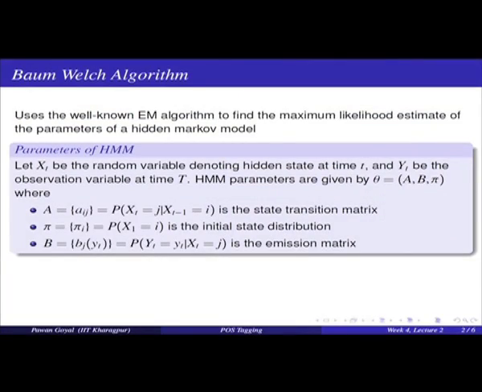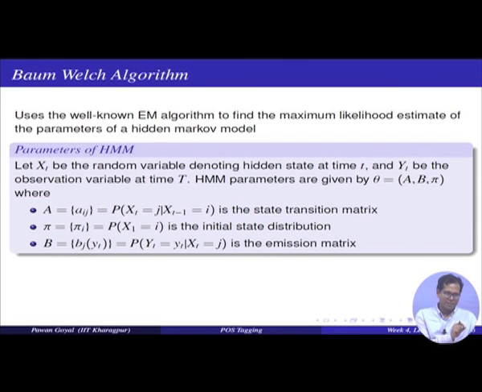The parameters are A, B, and pi that we discussed last time. What is A? A is my state transition matrix. Given that the previous state was i, what is the probability that the current state will be j? Here the t as such does not matter. What matters is that the state j occurred after state i at any given time point. Then I have the parameter pi, that is the probability that this particular state starts the sequence.